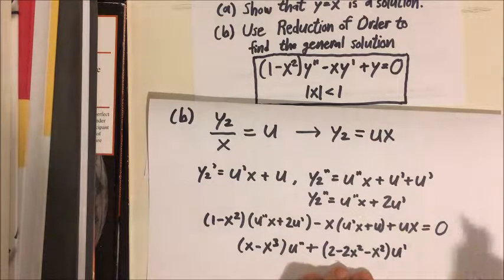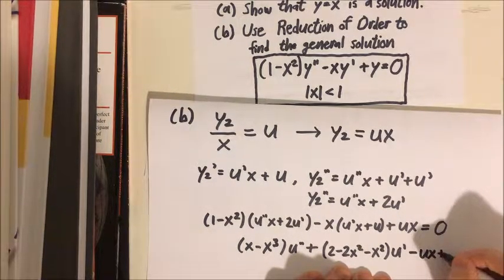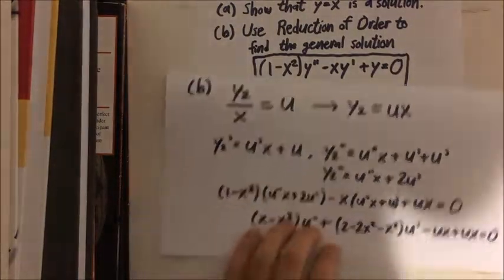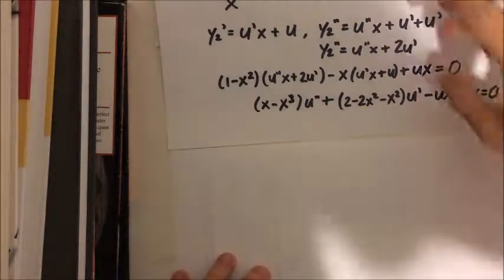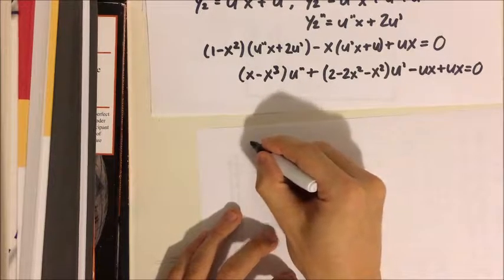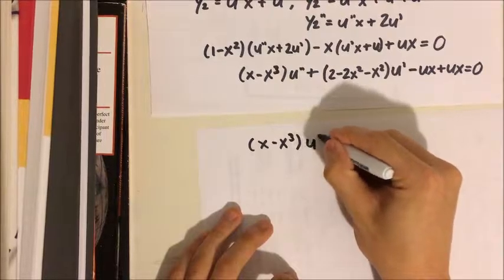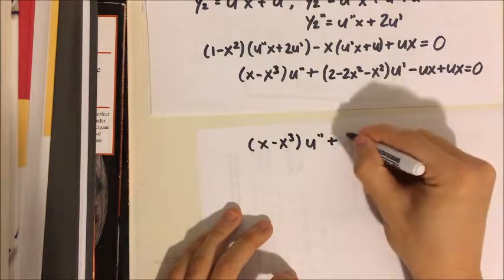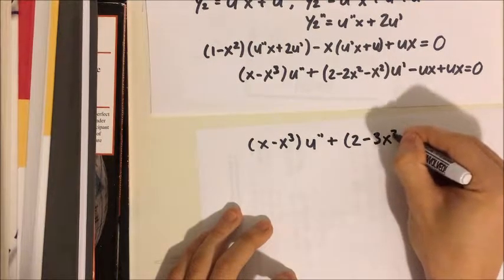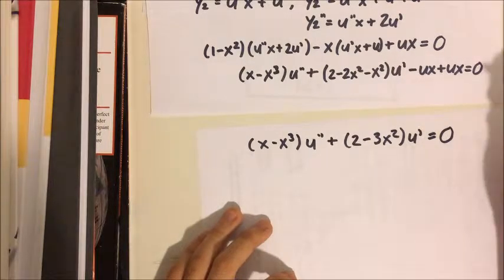And then for u, we get minus ux, and then plus ux, and you can see that that is going to cancel. So let's move on. Now we're left with x minus x cubed u double prime plus, gathering these together, 2 minus 3x squared u prime is equal to 0.